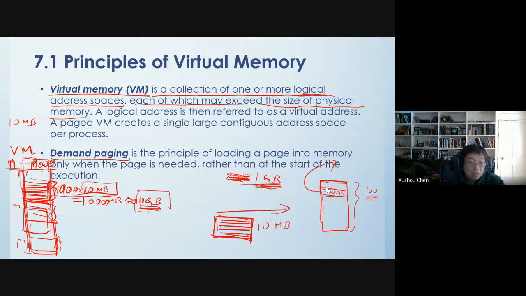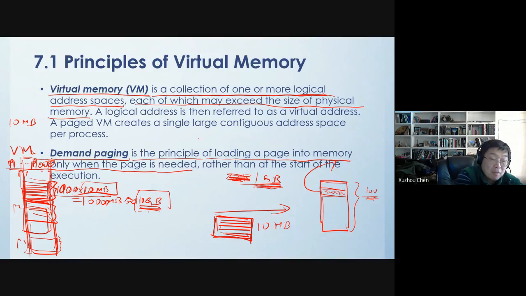This gives us the idea of something called demand paging. Demand paging is a principle of loading a page into the memory only when the page is needed, rather than at the start of the execution. So you don't have to load all the pages of the program into the memory.